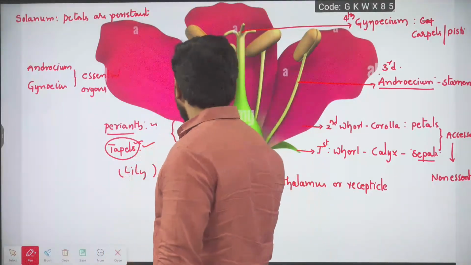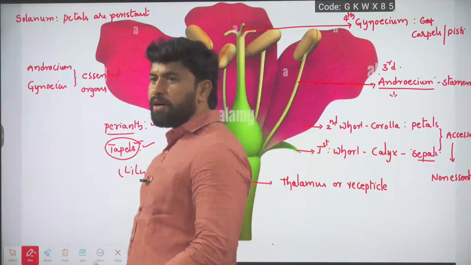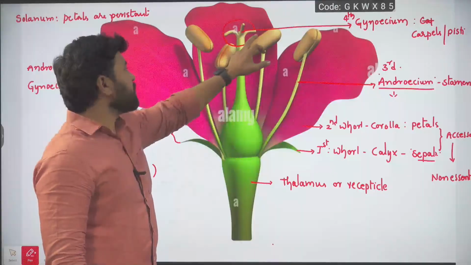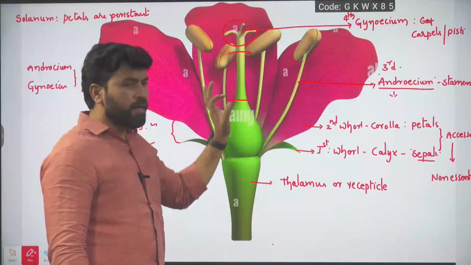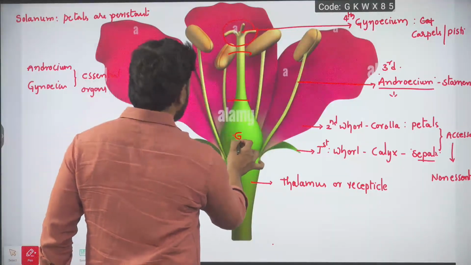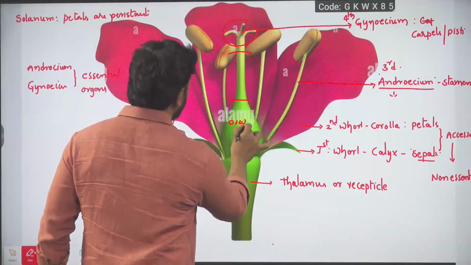Next, what about androecium? Androecium also falls down. Then what about gynoecium? In the gynoecium, this part is called stigma, this part is called style. Stigma and style usually fall down. This area is the ovary.